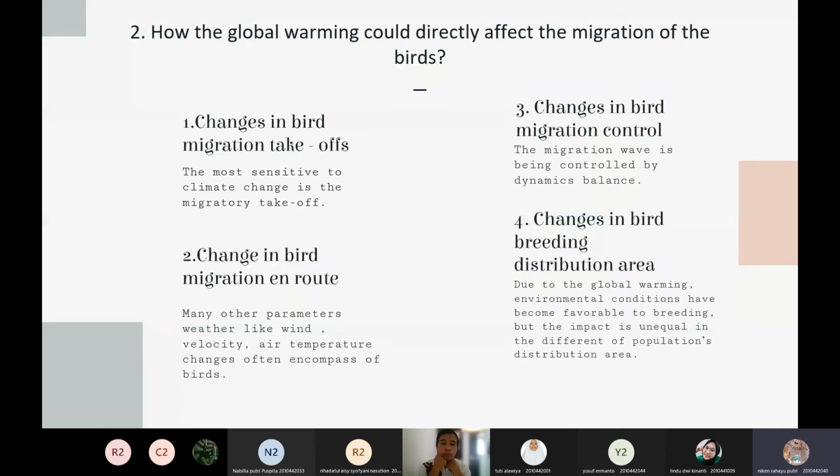Number three, change in bird migration control. The migration wave is being controlled by dynamic balance. Number four, change in breeding distribution area. Due to global warming, environmental conditions have become favorable to breeding, but the impact is unequal, with differences in population distribution area. Next slide.